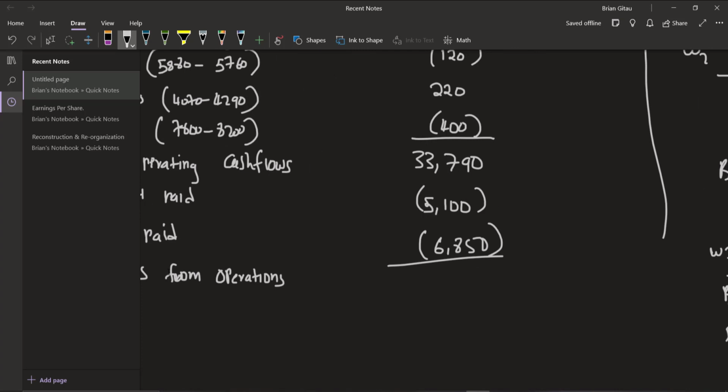Let me write it on the other column as 21,840. Now we go to the next one, which is investing activities.